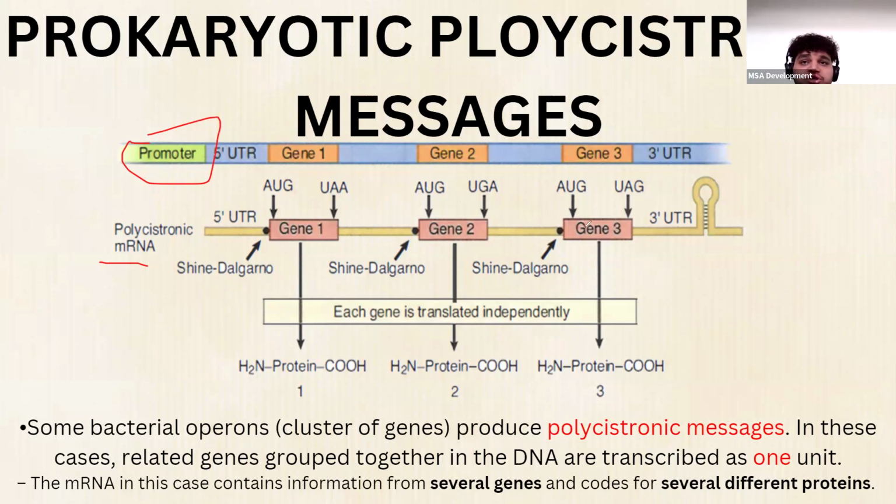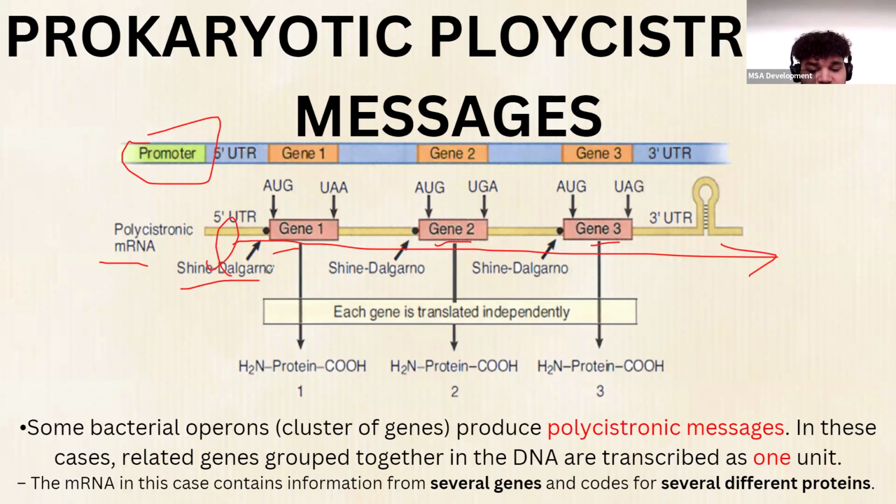Let's say gene 1, gene 2, and gene 3 are required for survival. Bacteria can produce all of these genes at the same time. It does not need to produce gene 1 using an RNA polymerase, and then gene 2 by using another RNA polymerase. One RNA polymerase will transcribe all of these genes, and one ribosome will translate all of these genes.